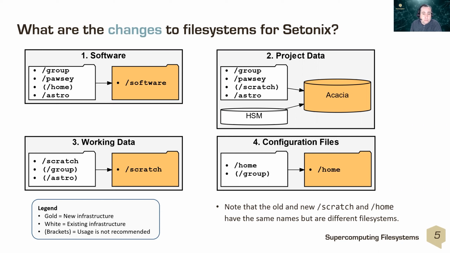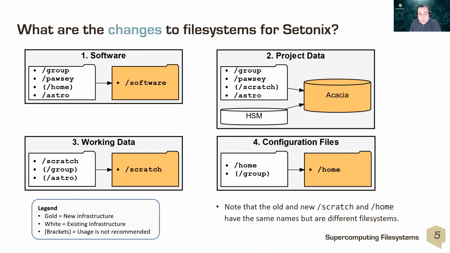The plan moving forward on Setonix is to make use of the new /software file system. For the legend, the white is our existing infrastructure, the gold is the new Setonix file systems, and the brackets indicate usage that we didn't really recommend, but it may have been that you were using those file systems for those purposes.